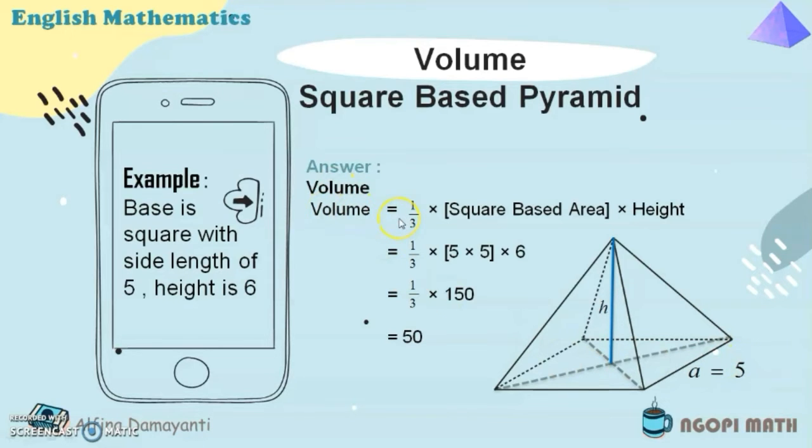Volume equals 1 divided by 3 times square base area times height, equal to 1 divided by 3 times 5 times 5 times 6, equal to 1 divided by 3 times 150, so equal to 50. 50 is the volume of this square base pyramid.